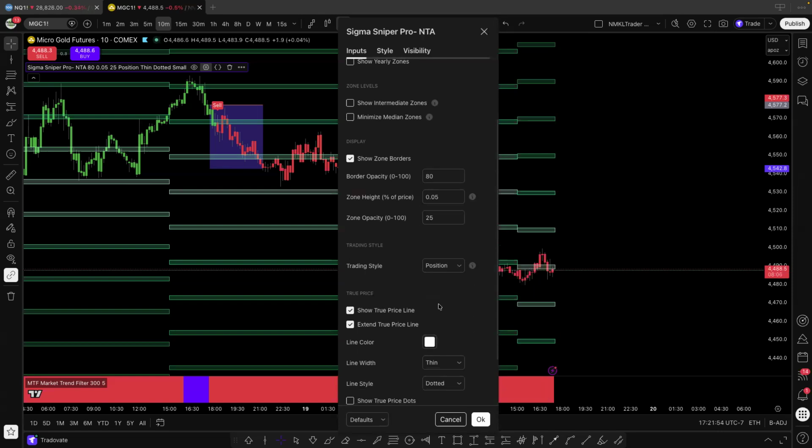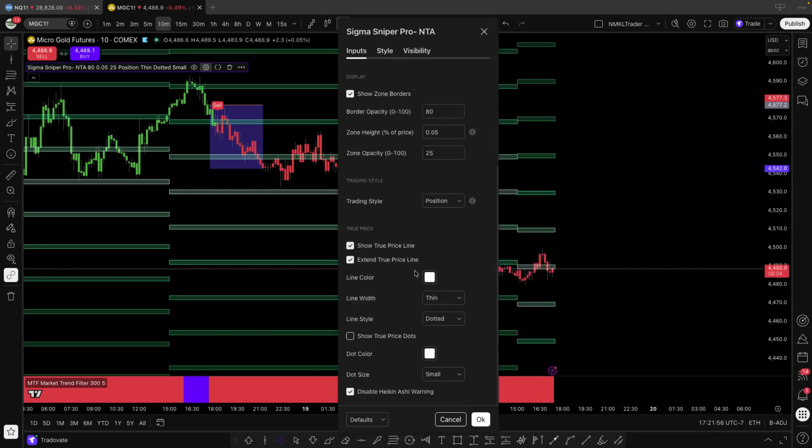Now, like I said, true price dots. This is if you're trading with Heikin-Ashi candles. It'll show true price on the Heikin-Ashi candle with a dot. Because like I said before, a lot of us trade Heikin-Ashi, some of us don't. I trade them. It just depends on what I'm looking for.